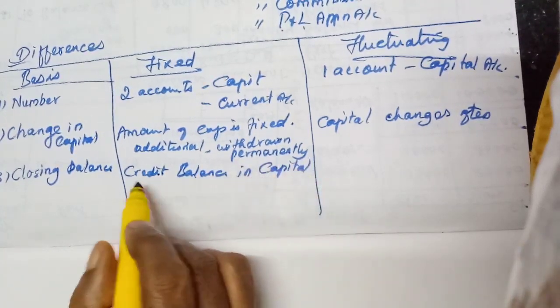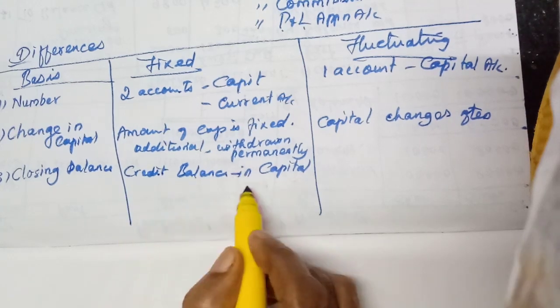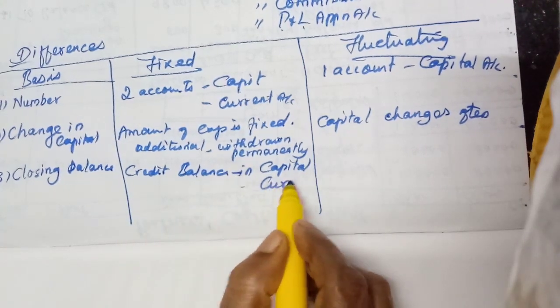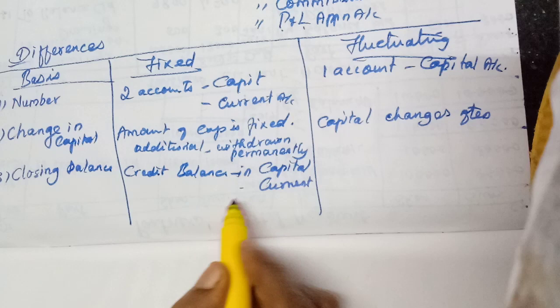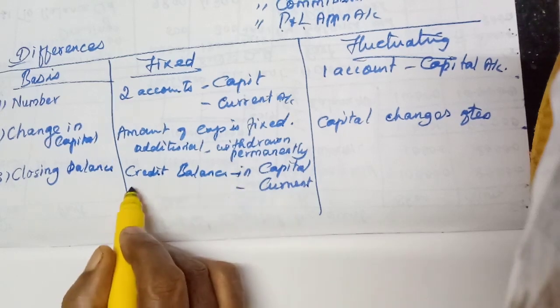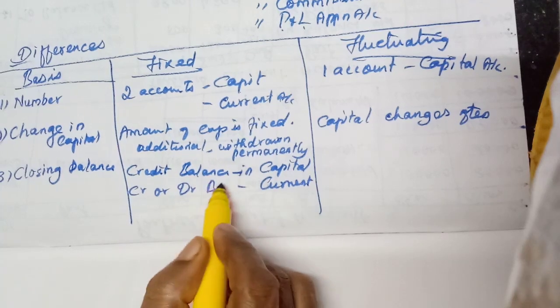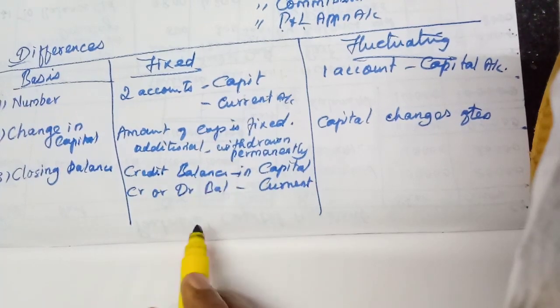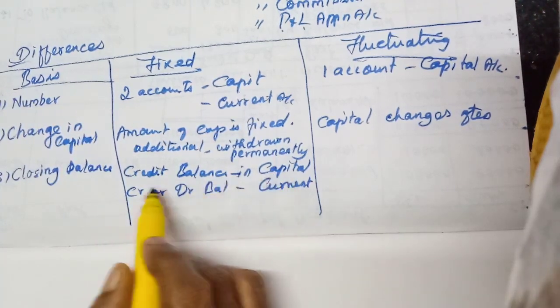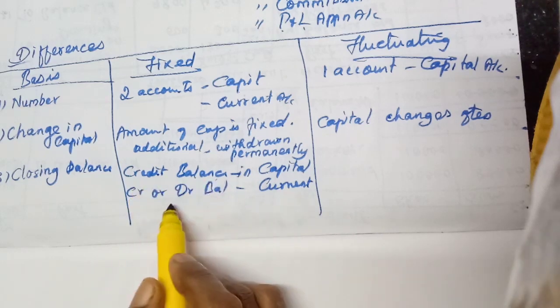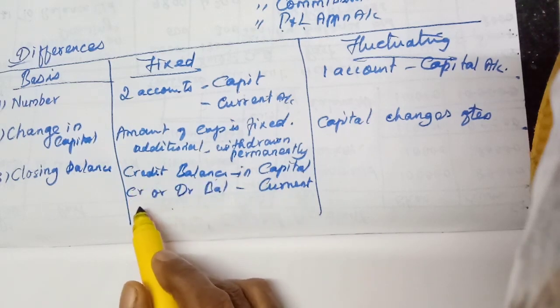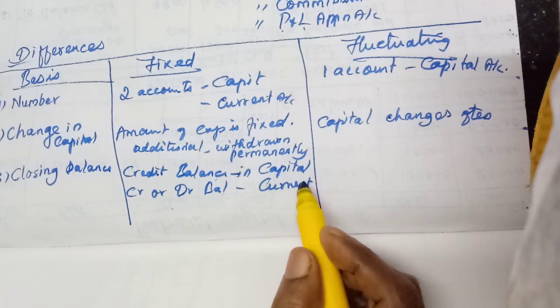In the capital account mostly we will have credit balance, but in the current account they may have either credit balance or debit balance. Understood?